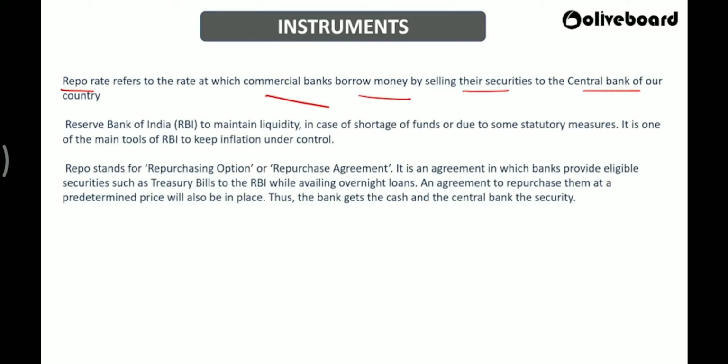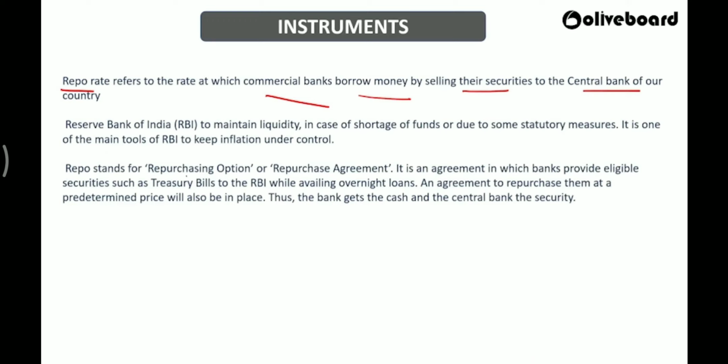Repo rate means what? First understand what the repo rate is. Suppose a commercial bank wants money. They will go and ask RBI, we want money for this purpose, we need it urgently. For that RBI will charge something. That rate is called the repo rate. Understand here.